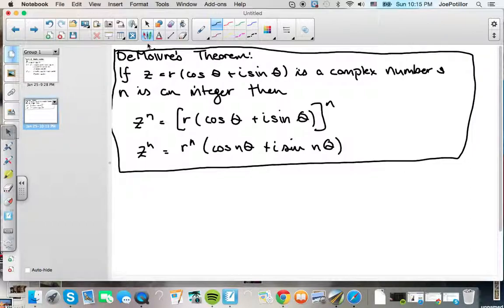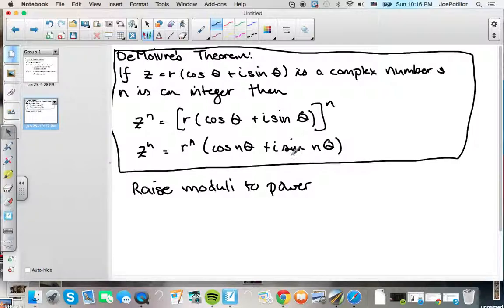Sounds fancy? Not really. So to translate that into English, what it means is you take the moduli, raise it to whatever power. So you raise the moduli to a certain power.